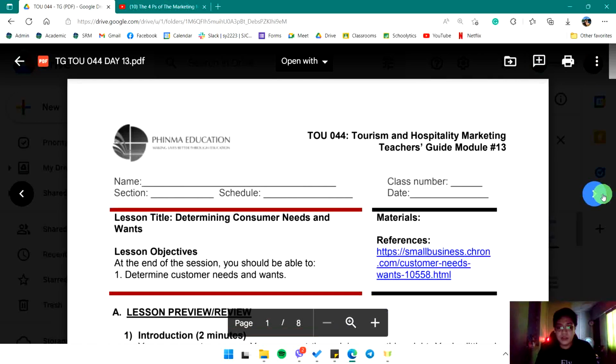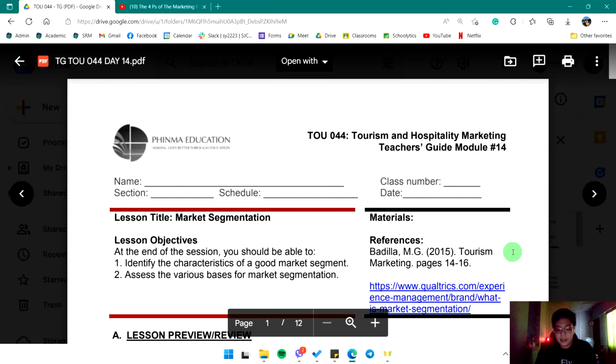Now, muna tayo ngayon sa market segmentation. Ngayon, pag-uusapan naman natin dito ang perspective ng establishments. Perspective ng establishments on how they determine their marketing strategies based from the many reasons how we segment our market.